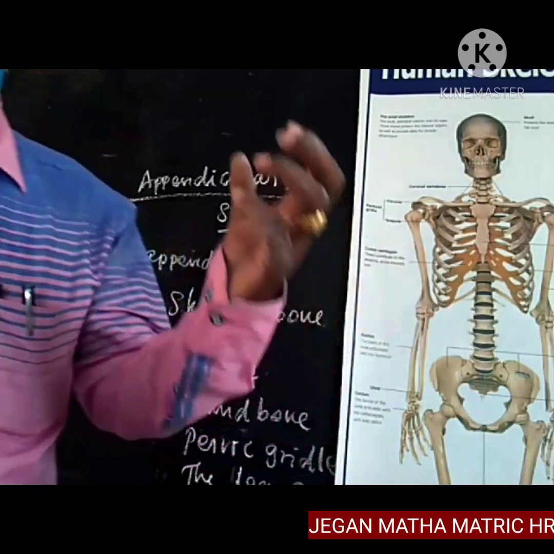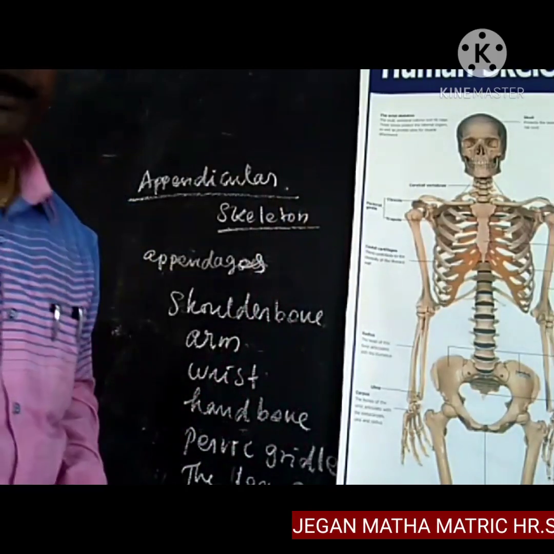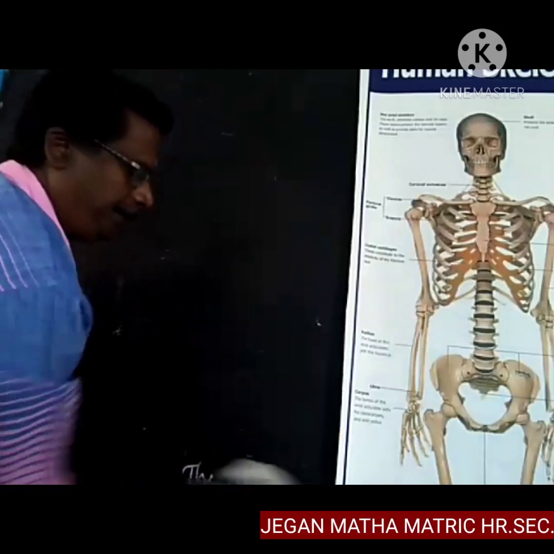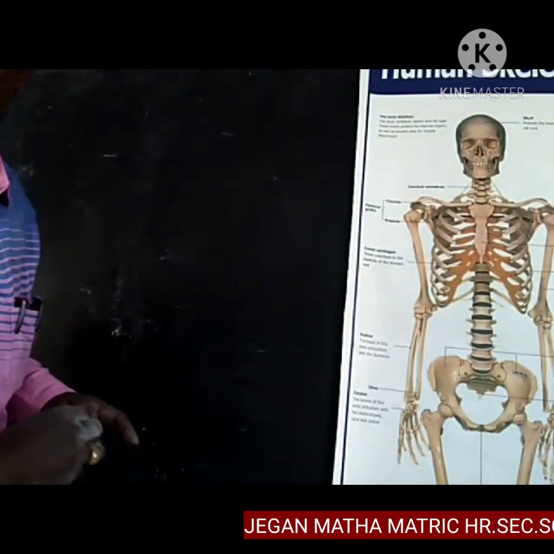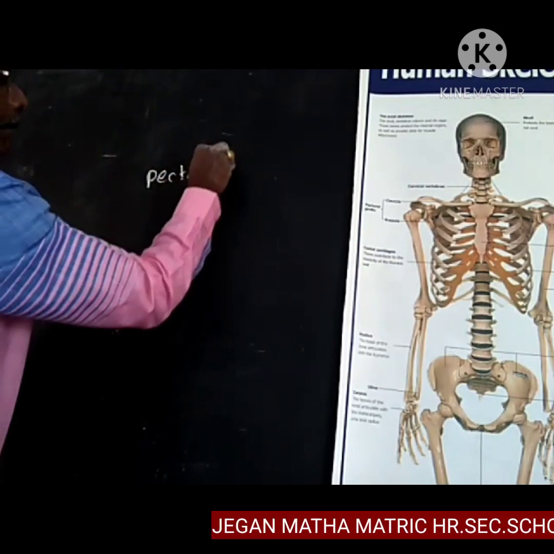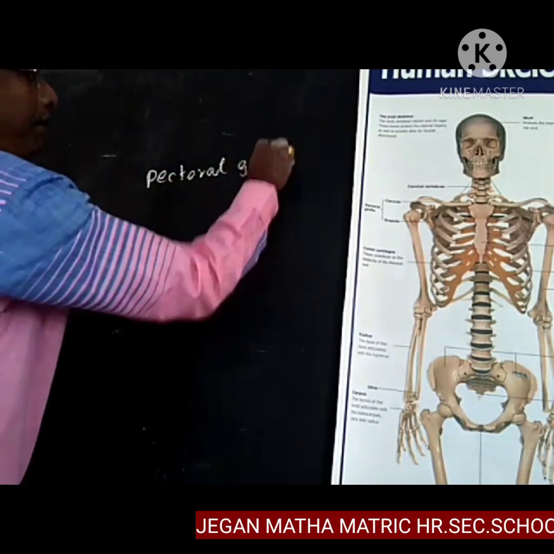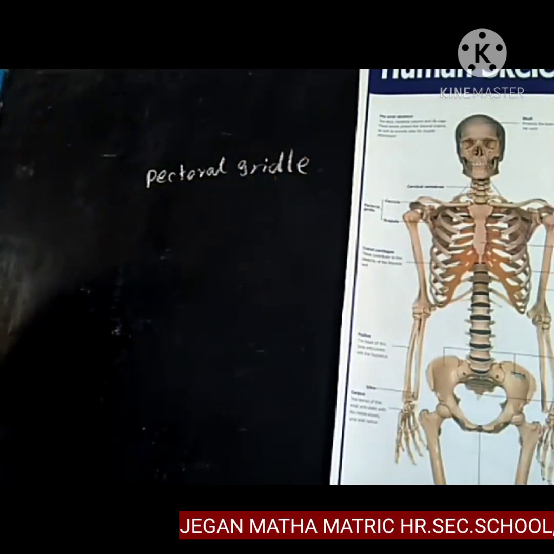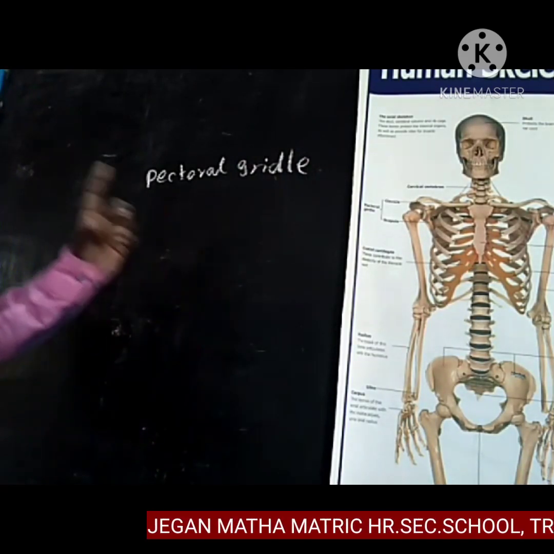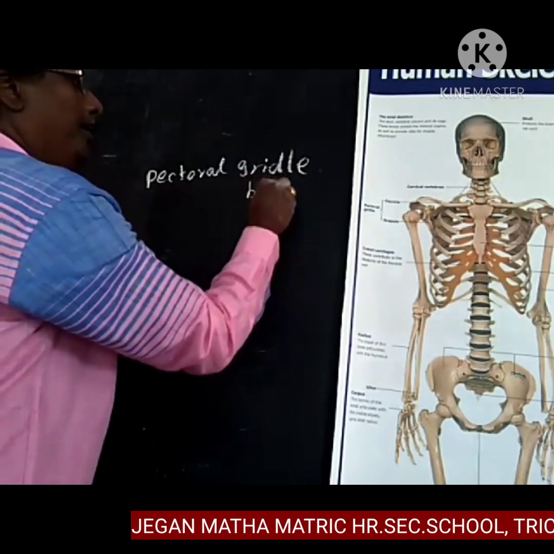The first one is the shoulder bone, otherwise called the pectoral girdle or pectoral bone.